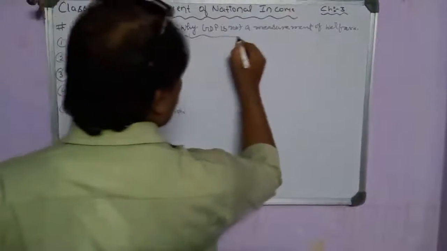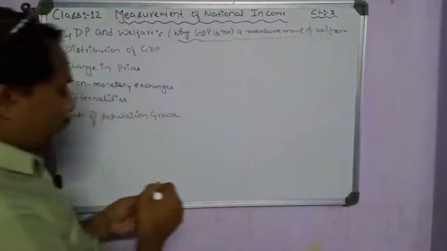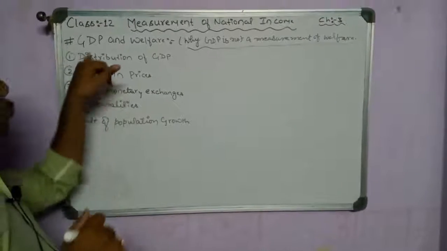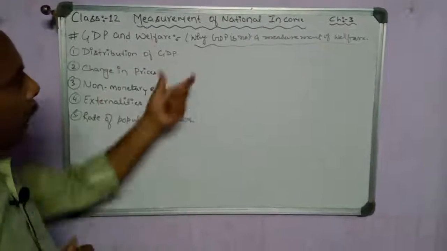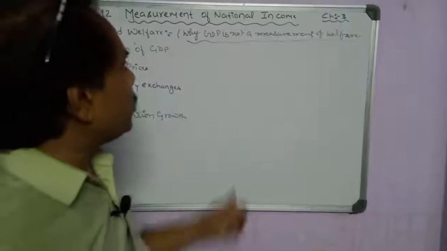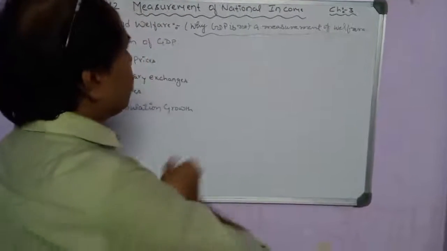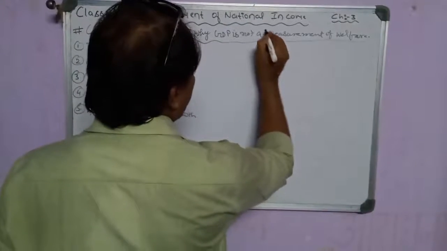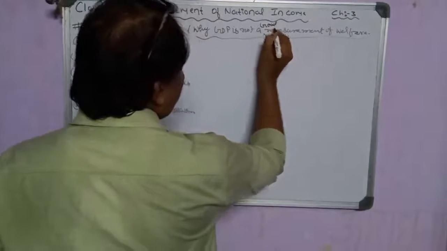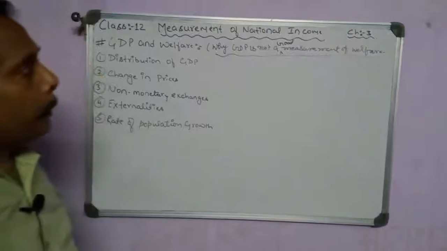This is the question that basically comes in the board exam. It is also known as GDP and welfare, and your question will be why GDP is not a good measurement of welfare.